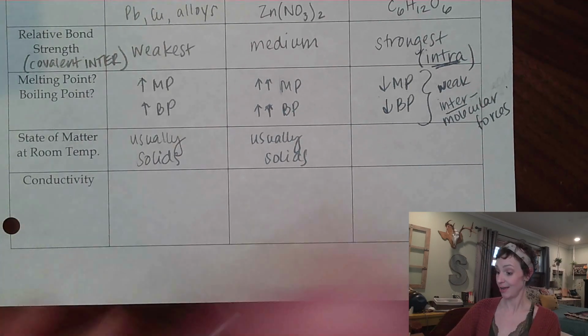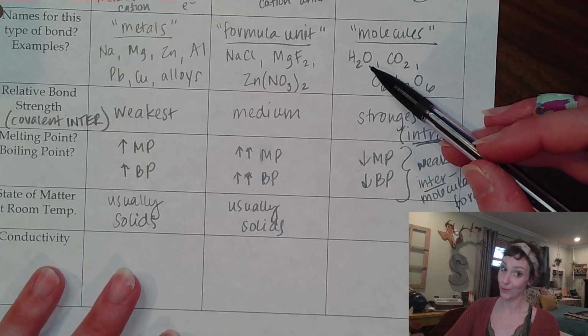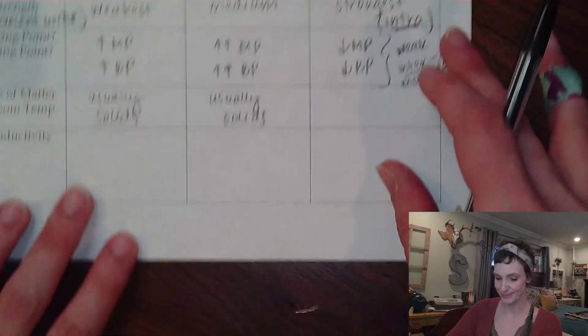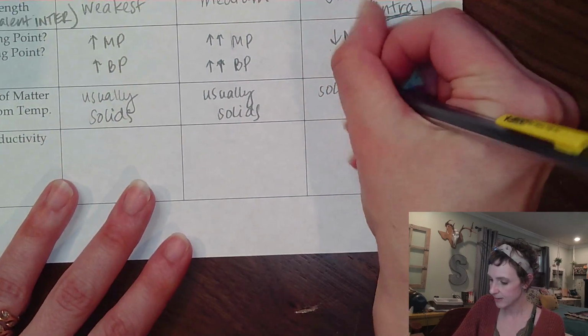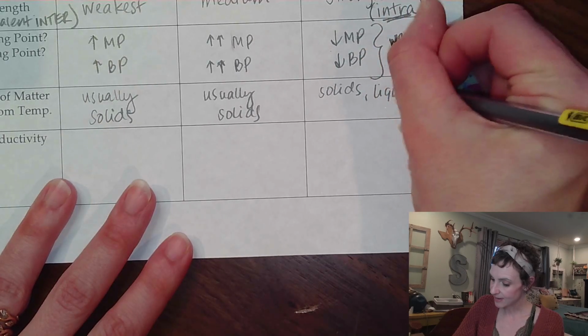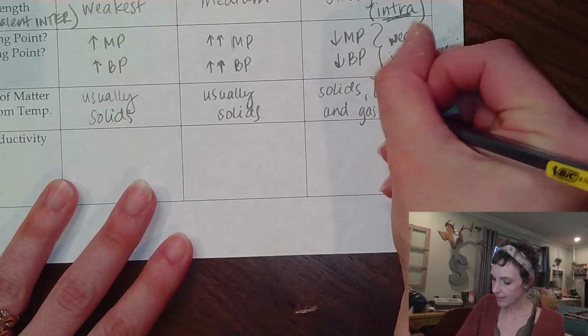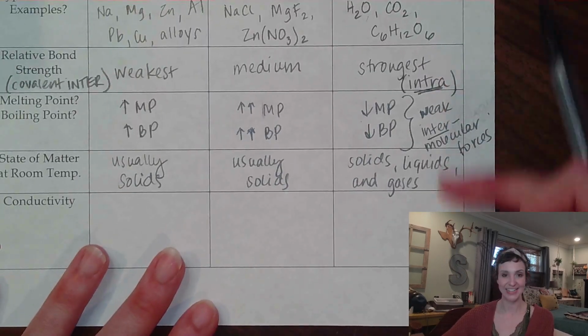If I got sugar, y'all, sugar is totally a solid at room temperature. I got water. Water is totally a liquid at room temperature. And I've got carbon dioxide. He's a gas at room temperature. So I can have the whole spectrum here. So I got solids, liquids, and gases.